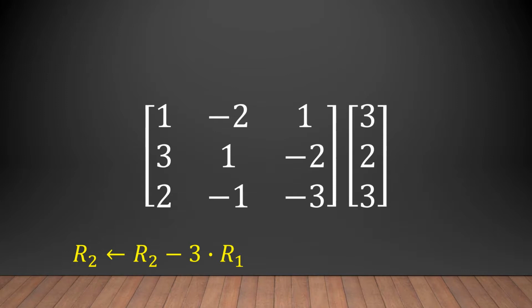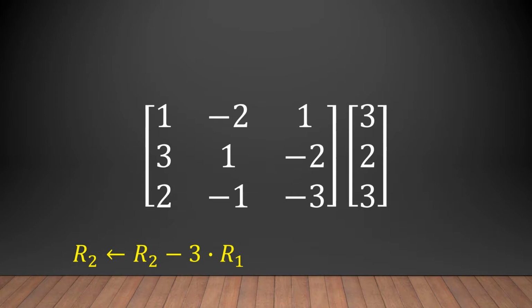Now, you may be thinking, what's going to happen to the rest of the columns in row 2? Well, things will happen. We will multiply that -2 in row 1 by 3. We'll get a -6, and we'll subtract that from 1.